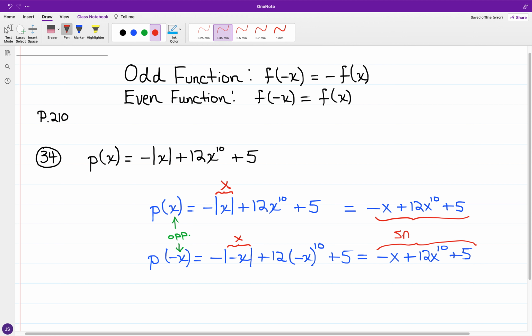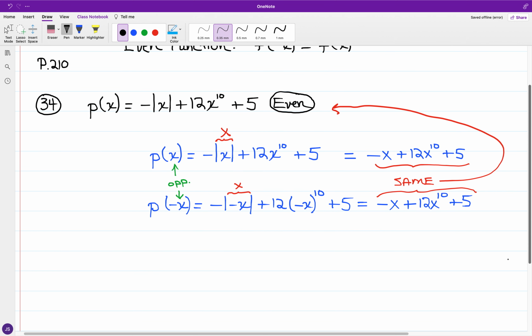If we start out with additive inverse inputs and the output terms are all the same, this signifies that the function of concern is even. So the answer to number 34 is that p of x is an even function.